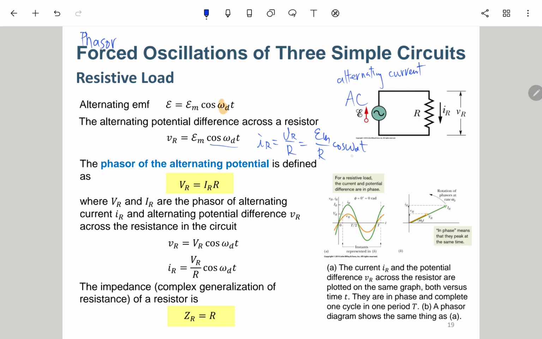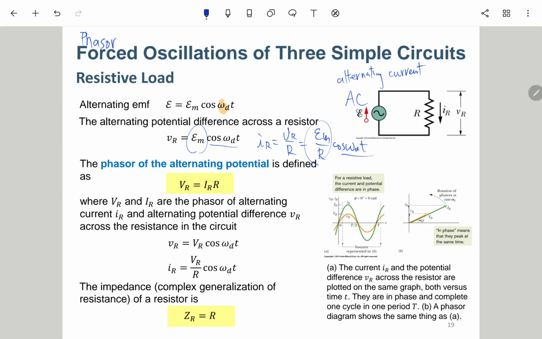We only have this cosine here, and we have this EM, and actually we try to define this thing to be not necessarily the EM. And also we consider the phase.